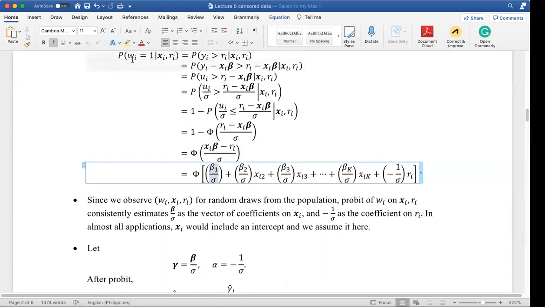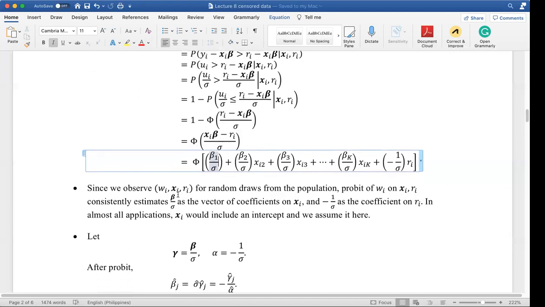On the left hand side, we have W sub I, zeros and ones, and on the right hand side, we have X sub I and R sub I. That would consistently estimate beta over sigma as the vector of coefficients of the X sub I's. So beta over sigma would give you the coefficients of X sub I. Then you have minus 1 over sigma for the coefficient of R sub I.